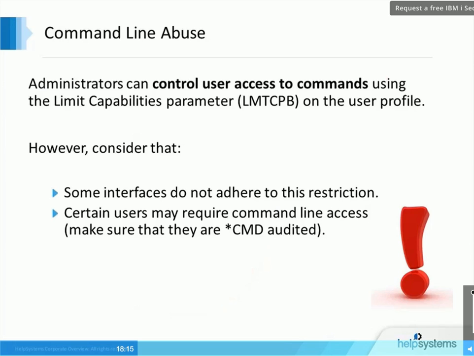Now, command line abuse is a common thing. As I mentioned, there is a restriction in the user's profile called limit capabilities that, as one of its primary functions, is to control what commands a user can type on a command line, of course, in the green screen world. It doesn't necessarily change the visibility to the command line. It just controls on a command-by-command basis which commands the user can run.